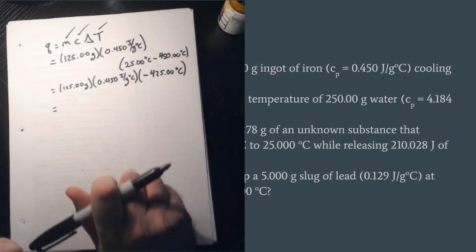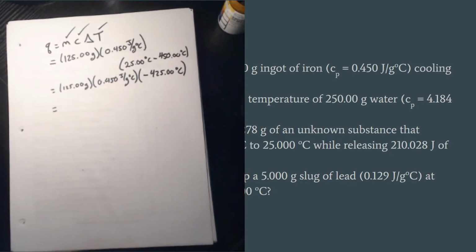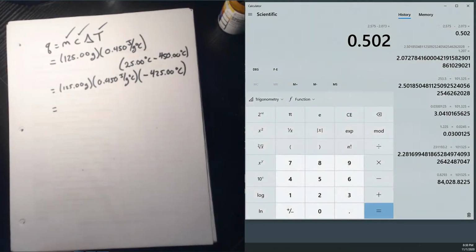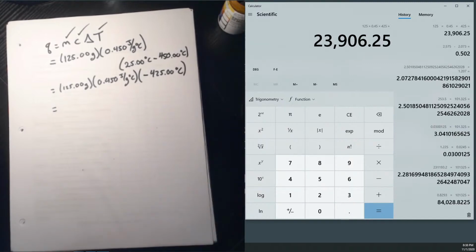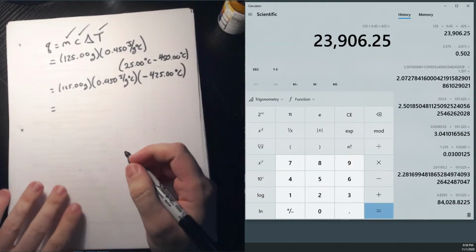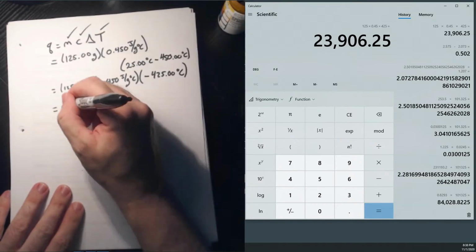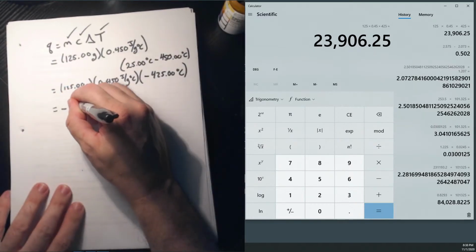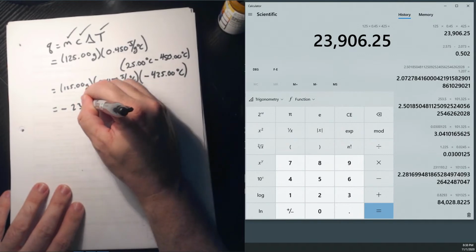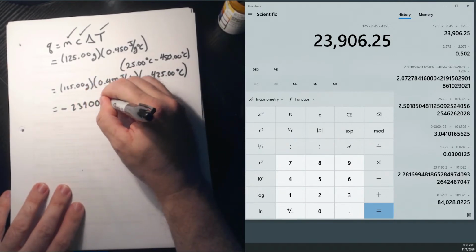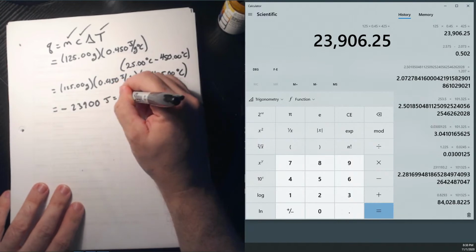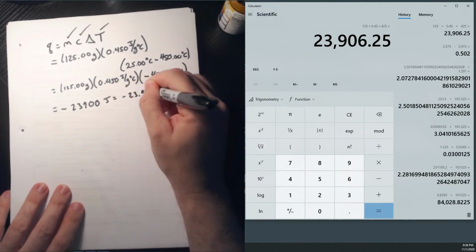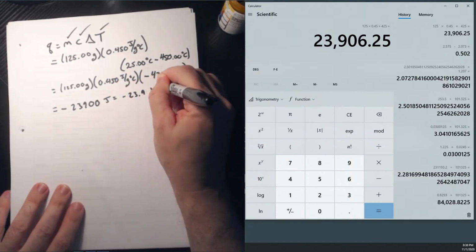Okay. So we bring up Mr. Calculator. 125 times 0.45 times, it's annoyingly difficult to put a negative sign there, so negative 23,906, negative 23,900 joules, or negative 23.9 kilojoules.